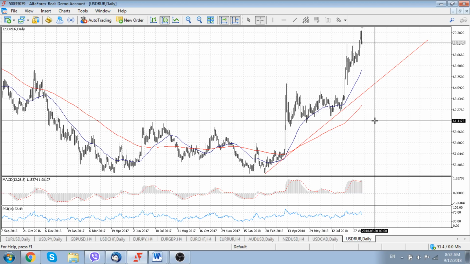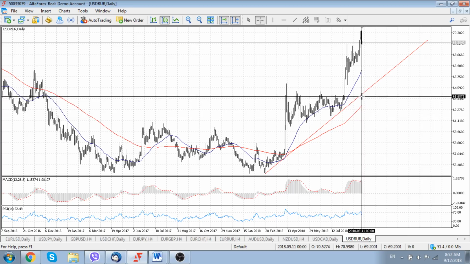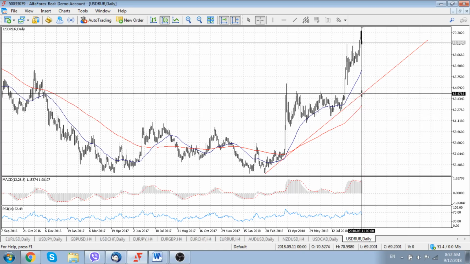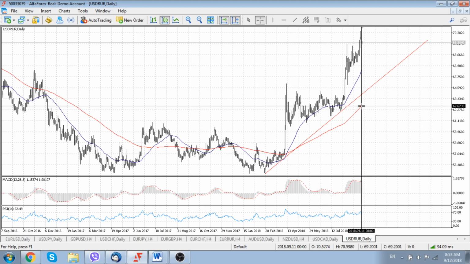Of course, it's a little bit premature to talk about a possible turnaround in the price of dollar ruble or some other ruble crosses. Here the situation is really very strong for future moves to the upside. As you could see, we're still trading above the level of 64, where lies the current uptrend of 2018, and also not far from here lies the moving average 200 daily line around 62.70.